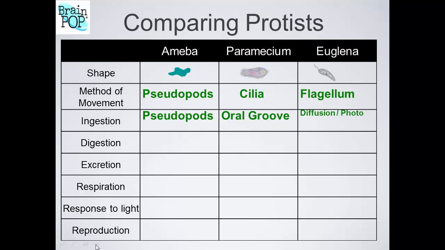Digestion: in all of these, food is digested within the vacuole. So the food gets surrounded in that vacuole, and then the protist can release enzymes in it that will break down whatever food molecule it was.